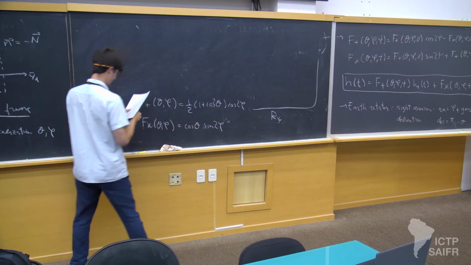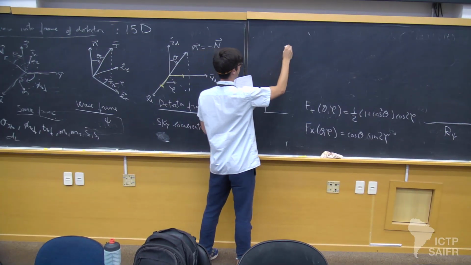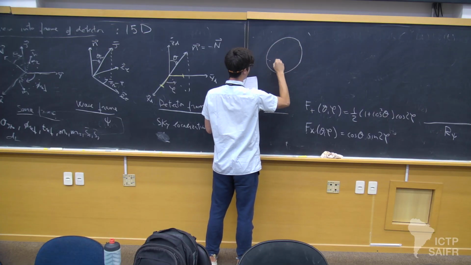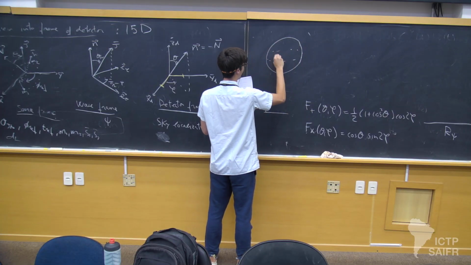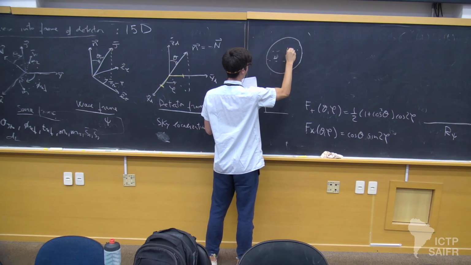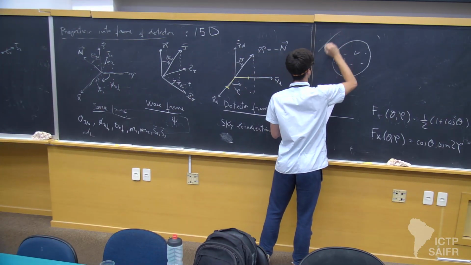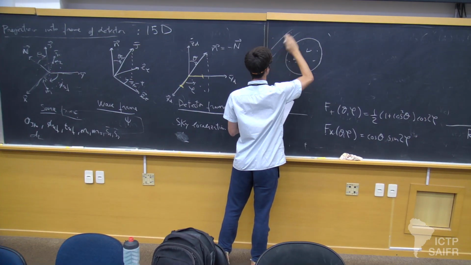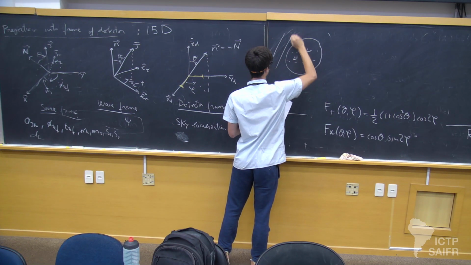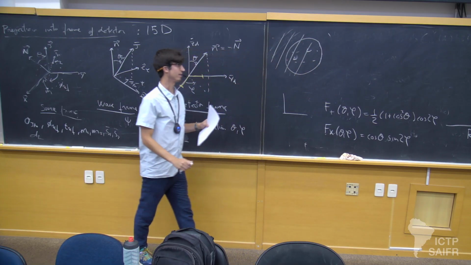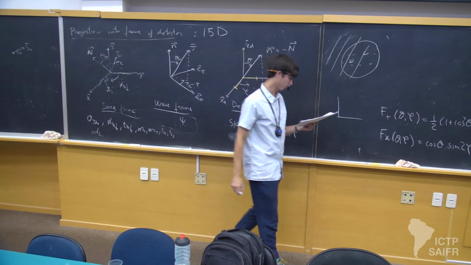So we have the Earth, and then we may have two detectors, one here and one here, and then we have a wave. Maybe the wave is going to arrive first at this detector, and then at the second detector.